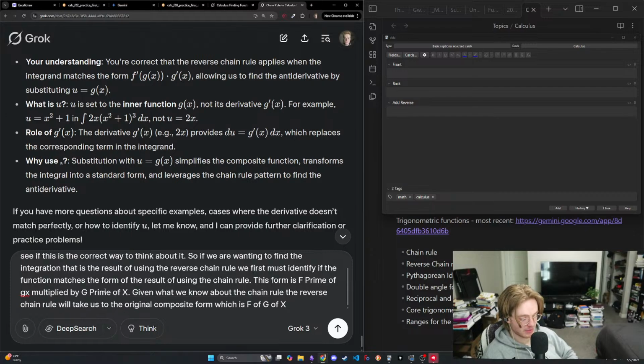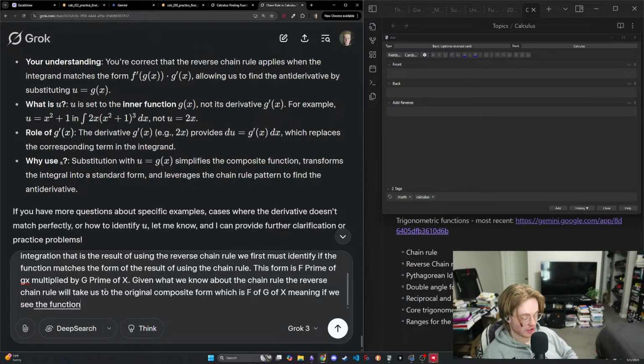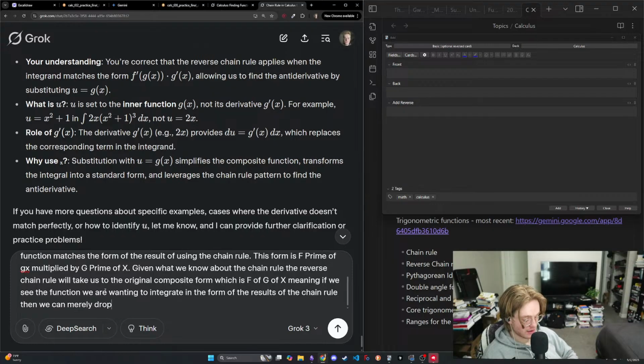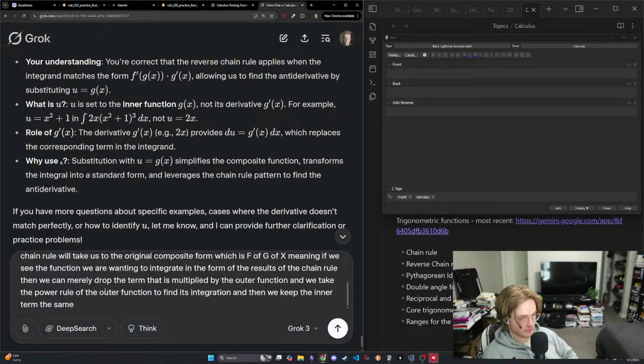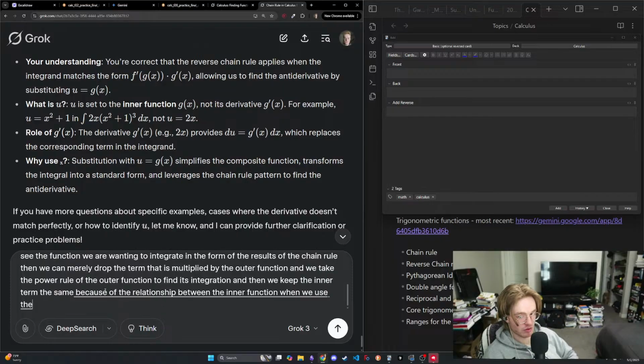Meaning, if we see the function we are wanting to integrate in the form of the result of the chain rule, then we can merely drop the term that is multiplied by the outer function, and we take the power rule of the outer function to find its integration, and then we keep the inner term the same because of the relationship between the inner function when we use the power rule. The chain rule.